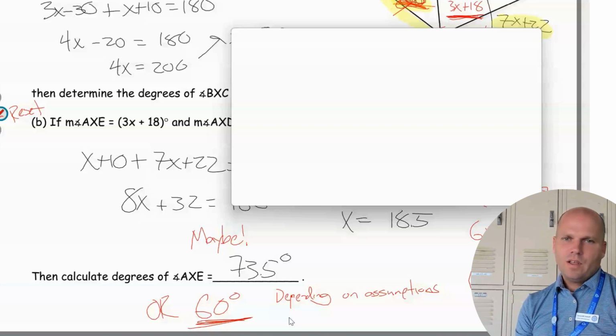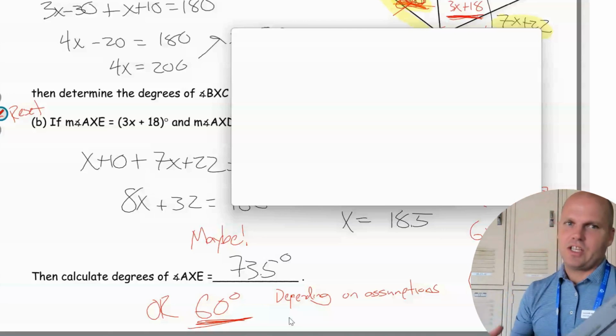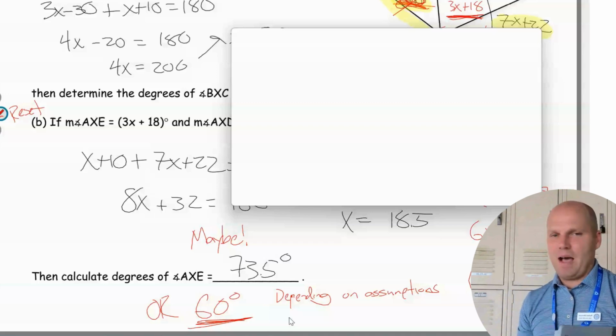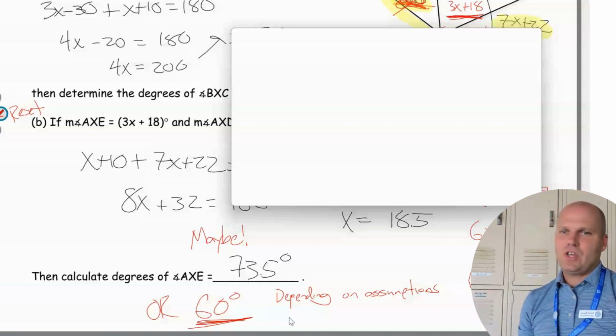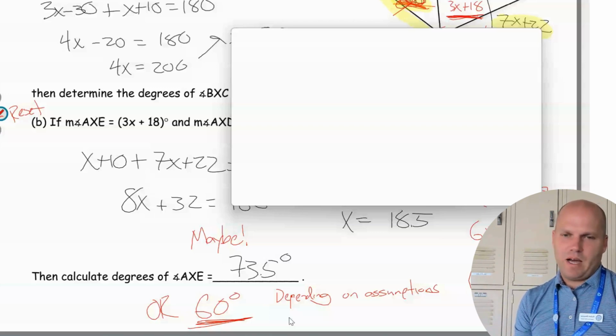If we reset everything, we can understand that this must be 3x plus 18, not x plus 10. I think that's what Mr. Pass is actually telling me to do. Everything's aligned, and it ends up not being aligned. So if we reset and we're not assuming this is that, if you're just using this information, and my apologies for this, you could say doubling 3x plus 18 equals 7x plus 22.